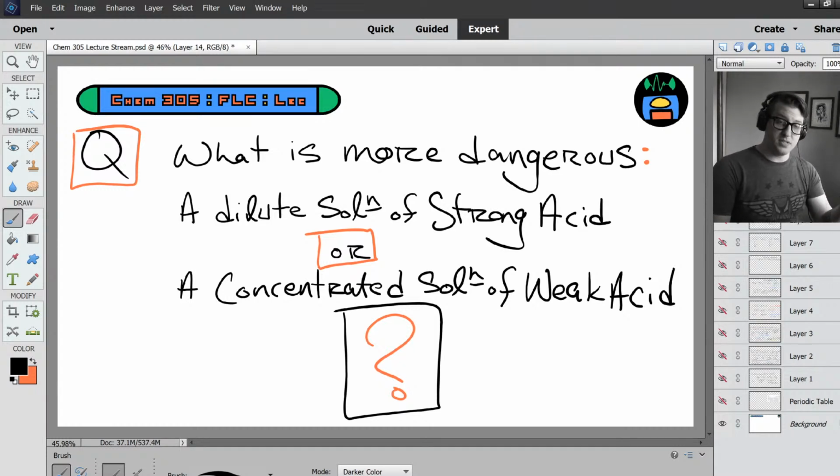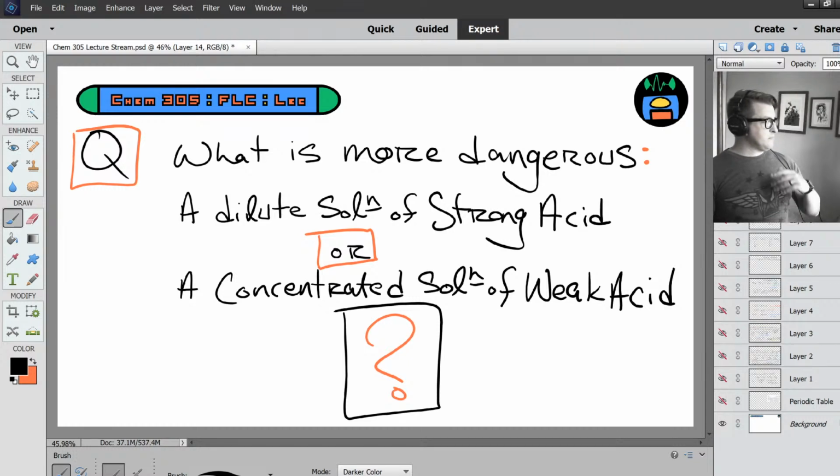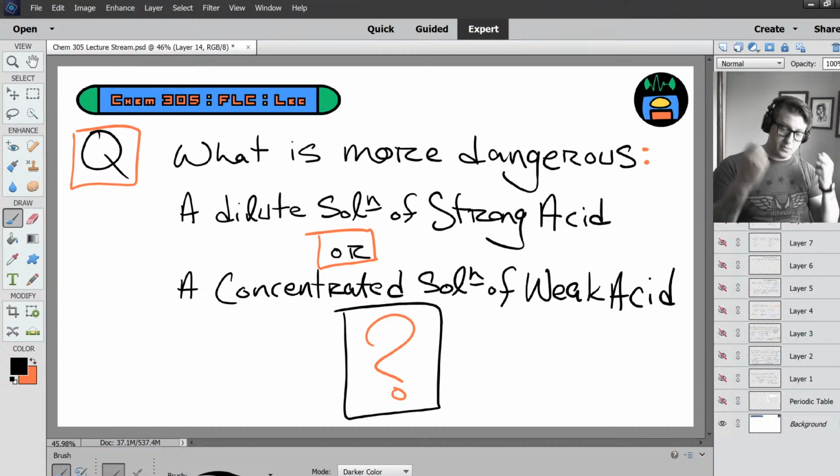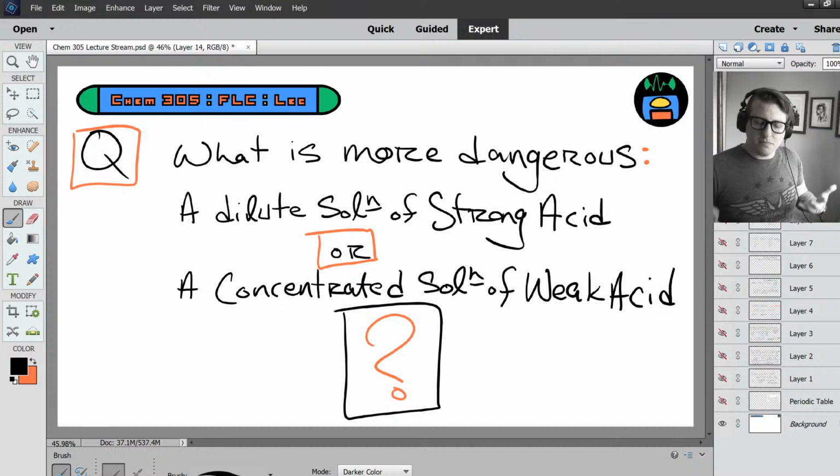You'd never know the difference. They'd be fine. There are solutions of acetic acid, which is the thing that gives our balsamic vinaigrettes flavor. So we eat acetic acid on the regs if you're into that kind of thing. There are solutions of acetic acid that are so concentrated that they'll blister your skin if it comes into contact with it. So the answer to the question, what's more dangerous, a dilute strong acid or a concentrated weak acid, really depends upon how dilute or how concentrated.